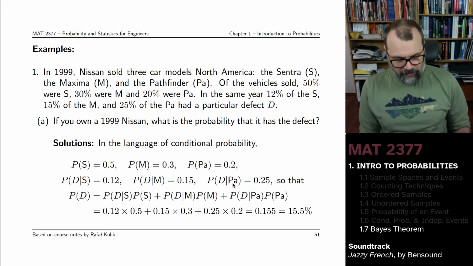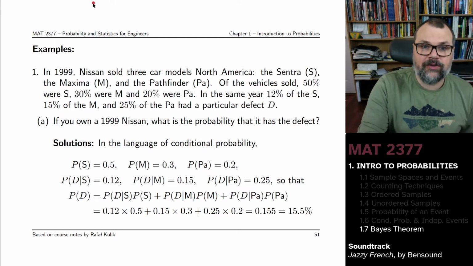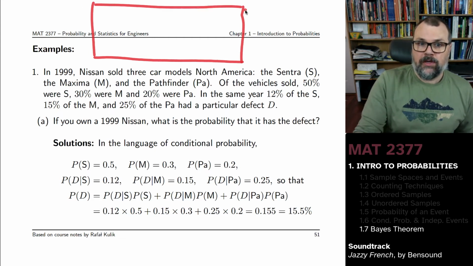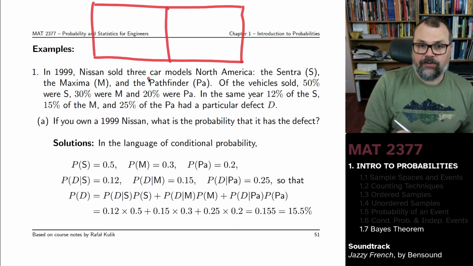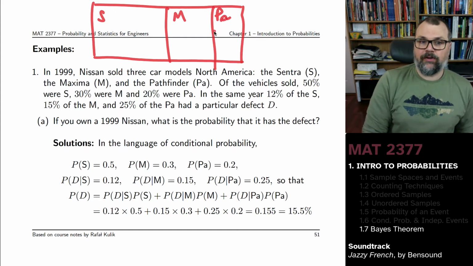the full space. Another way to look at this would be to say, look, here's all the Nissans that were sold. I have 50% are Centras, 30% are Maximas, and 20% are Pathfinders.